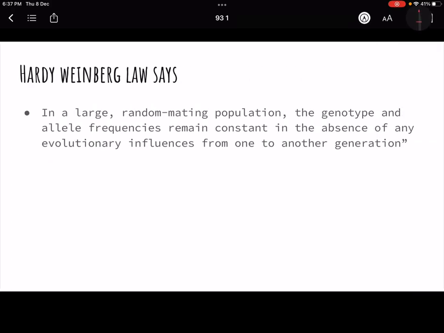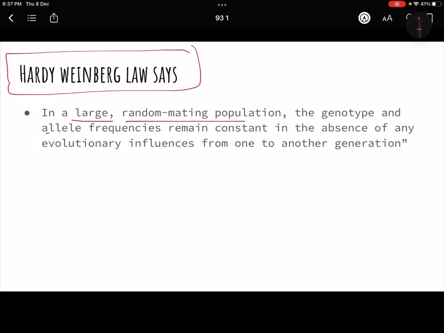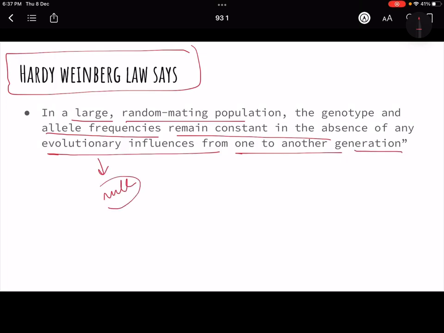So now the definition of Hardy-Weinberg law. It says in a large random mating population, the genotype and allele frequencies remain constant from one generation to another in the absence of evolutionary influence. That is why it is called a null model. It is saying that the allelic or genotype frequencies should remain constant in the absence of evolutionary forces.